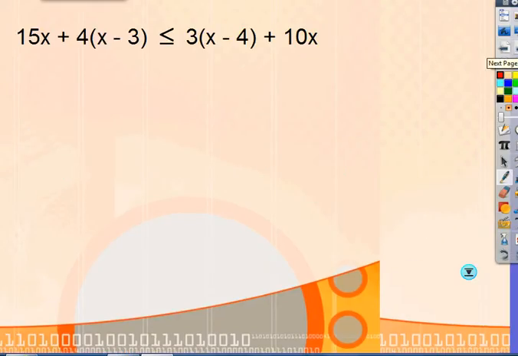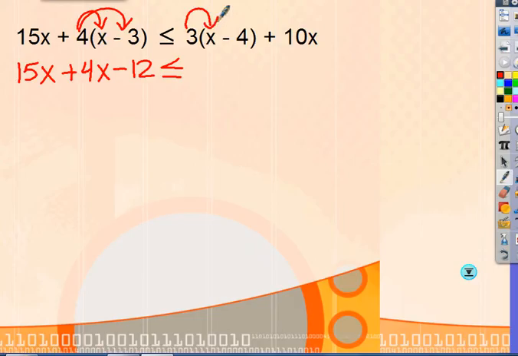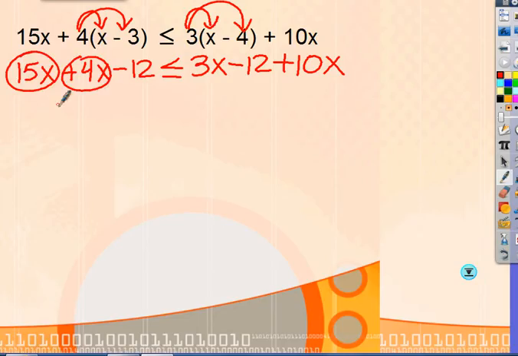This next example looks quite difficult. However, it will just require some extra steps. We'll start with distributing. After you distribute, you look for like terms. There are like terms to be combined on the left side. There are also like terms to be combined on the right side.